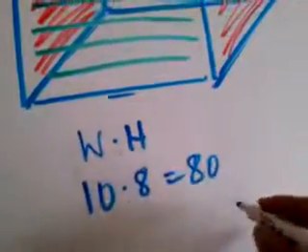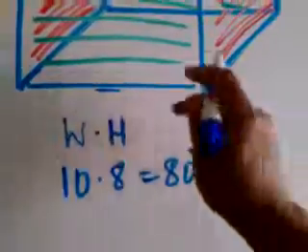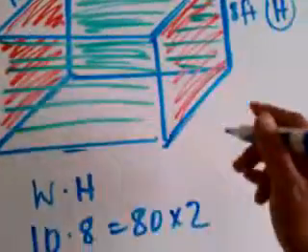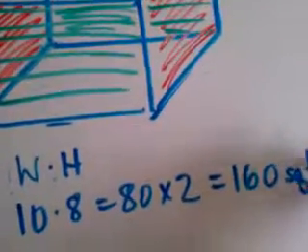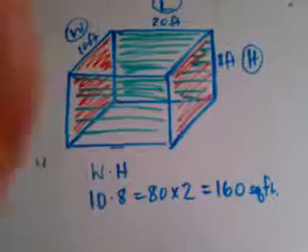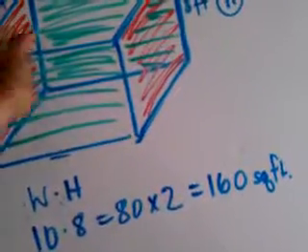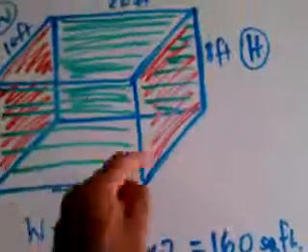Well, that's 80 square feet. But I'm going to take it times 2 because I have this wall and I have this wall. So that gives me 160 square feet. That will be the area for this wall and for this wall.